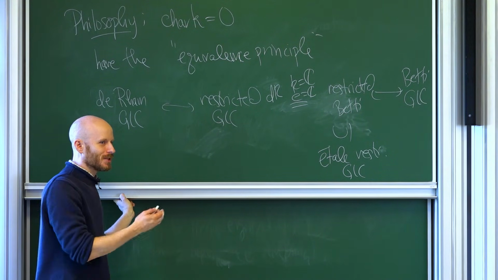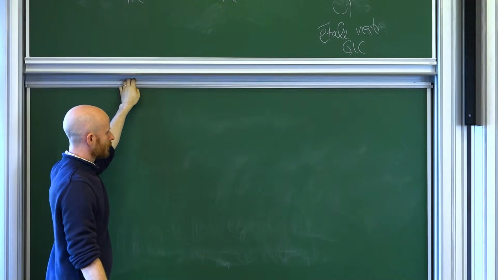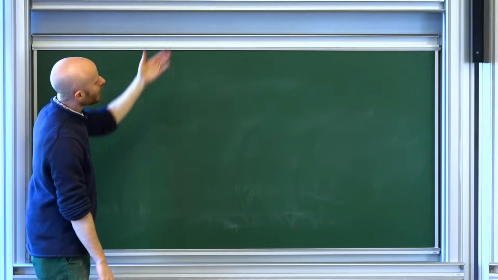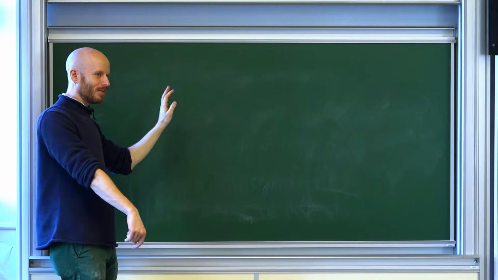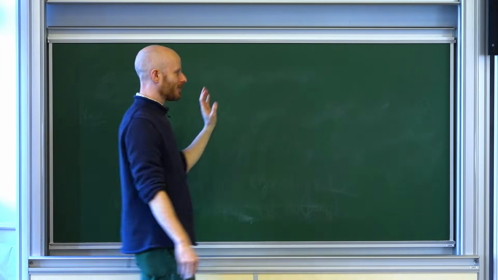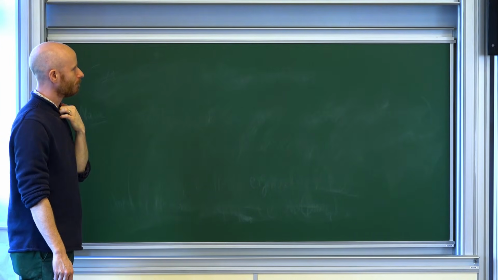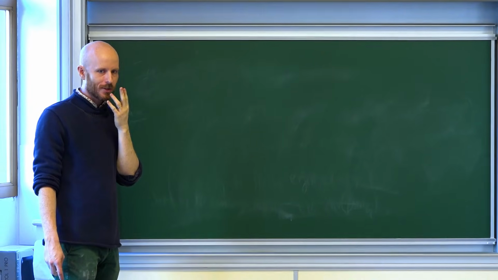So it reduces to that case. All of that needs a little bit of checking and explanation. That's slightly beyond the level of what we've said so far, but that's the message. Okay, other questions?